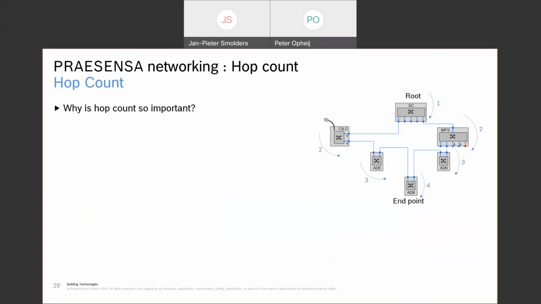Now, why are these hops and the hop count so important? You see here a diagram. You see here the root switch, that's the controller, and this is 1, 2, 3, 4 hops. But you can also count the other way: 1, 2, 3, 4. And this is a loop, and you know that RSTP will interrupt the loop somewhere.